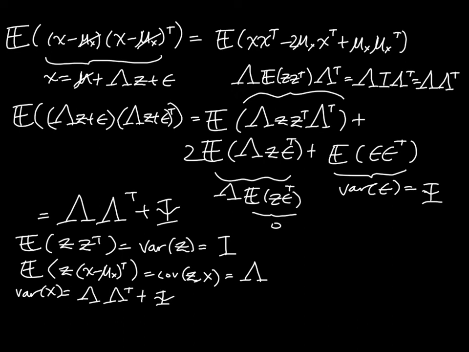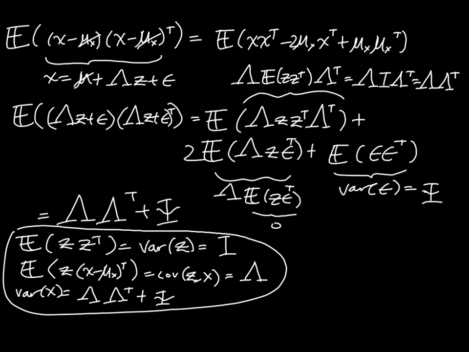Okay, so why did I say all of these things? I said all of these things because we need to use these in our expectation maximization algorithm. We need to use these values to compute the best answer. This is everything we need to compute sigma. Do you see why? Because sigma is the variance of these variables. So this is z, this is x, this is z, this is x.